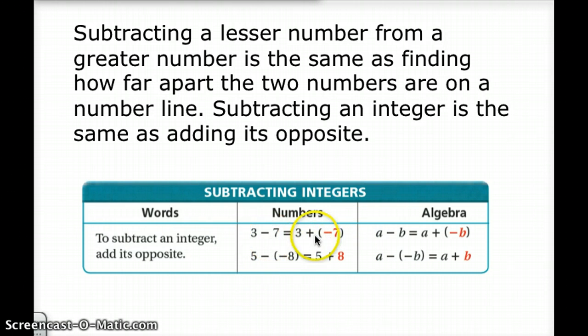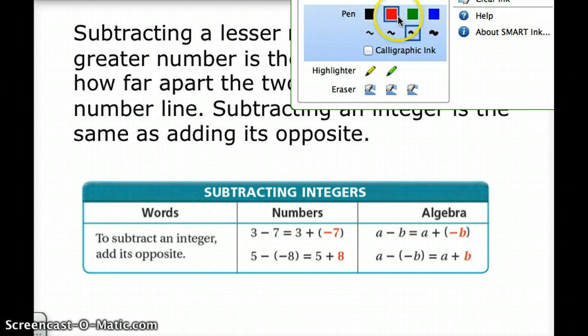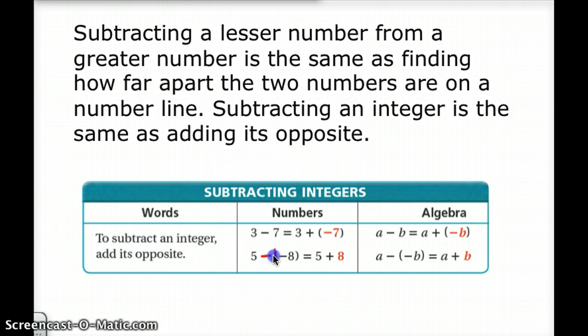Whenever we see something such as 5 minus negative 8, then we know that we can make this minus a negative into a plus sign. What a lot of people will do is they'll go ahead and make this one big plus sign.